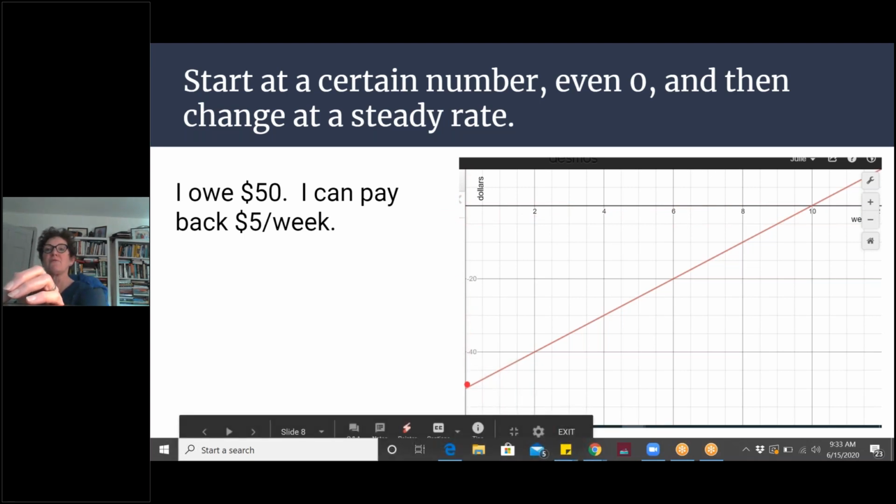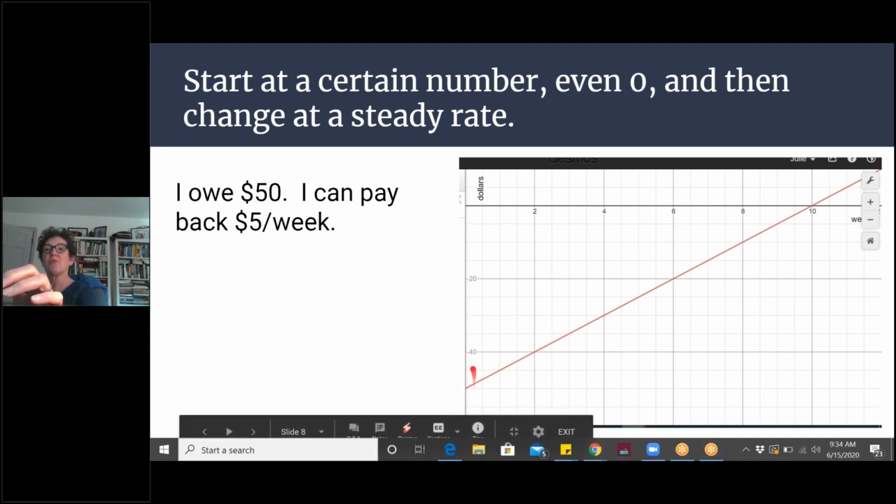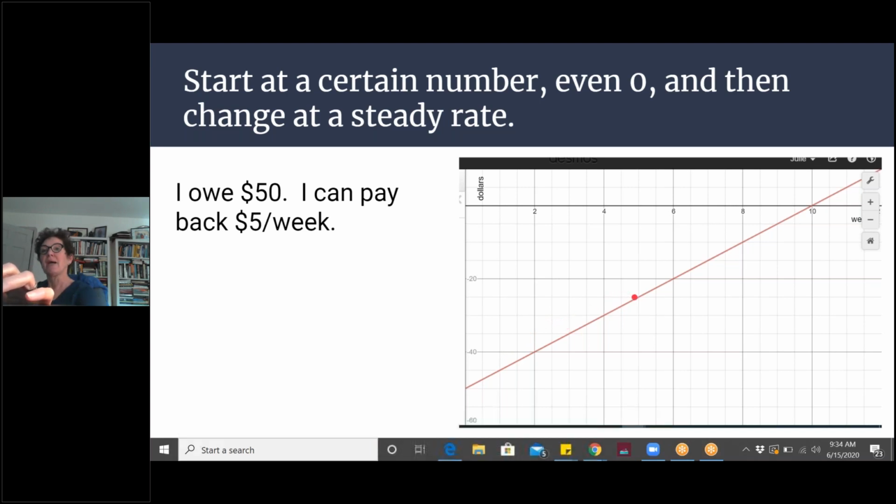So I'm starting at 50 and I'm going to pay back $5. Well, in 1 week, I would only owe 45. In 2 weeks, I would only owe 40. In 3 weeks, I would only owe 35. So we're starting at our number there and increasing how much we've paid back, decreasing how much we owe.